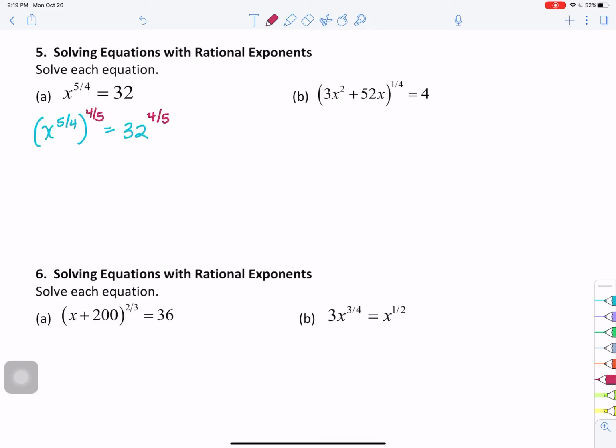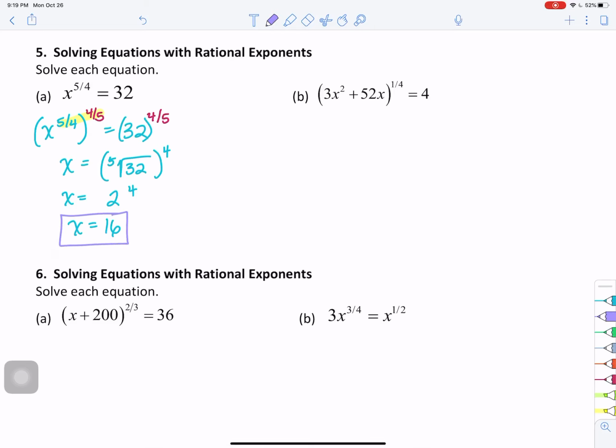We will not have to worry about the plus or minus. So, we have X to the first power because we planned it that way. And now we have 32 to the 4/5 power. So let's take the 5th root of 32, and then once we find that, we'll raise that to the 4th power. Of course, the 5th root of 32 is 2, and 2 to the 4th power is 16.